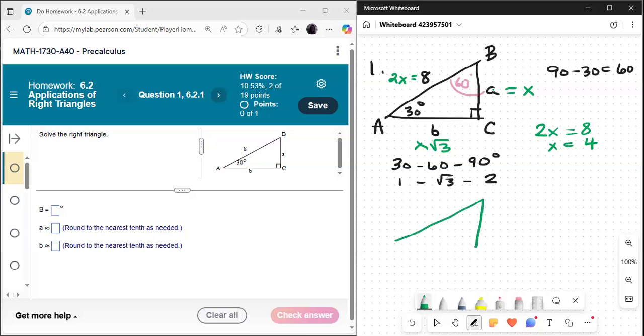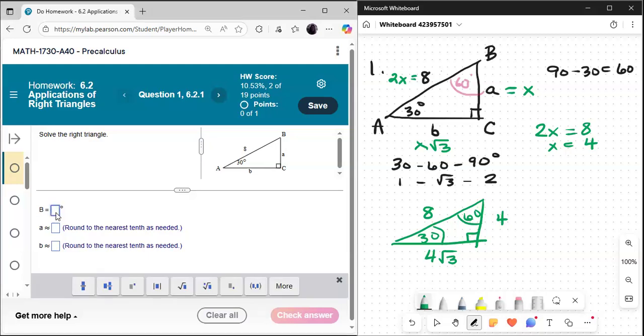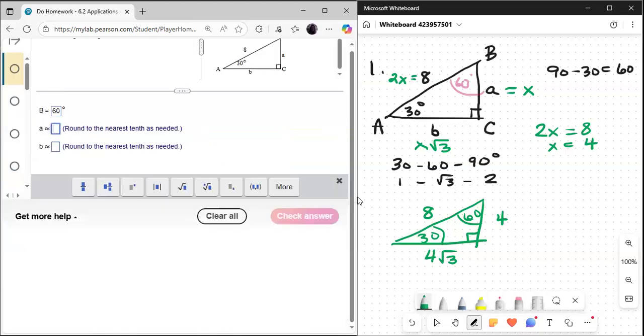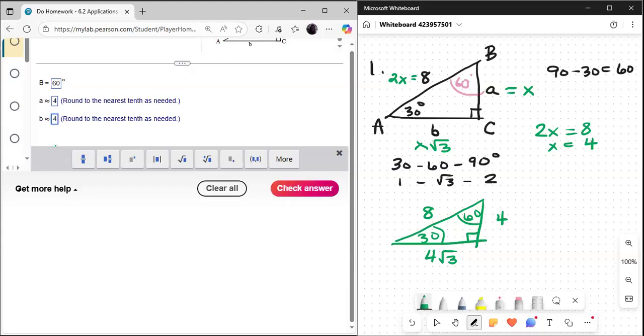So the sides are, let me draw another sketch here. We have 8, 4, and 4 square roots of 3, and this is a 30, 60, 90. So over here, angle B is equal to 60 degrees. Small a is equal to 4, and B is equal to 4 square roots of 3.